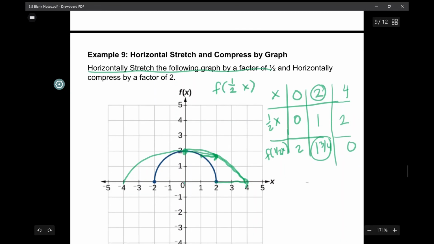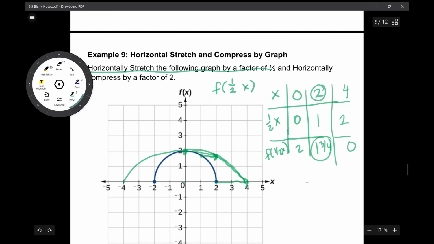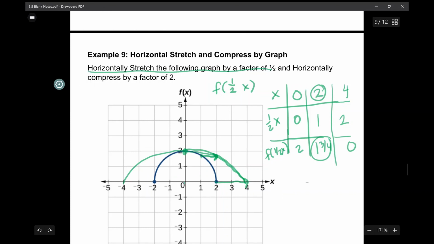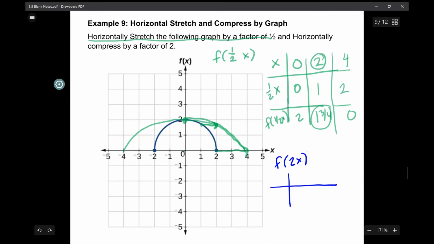Let's try horizontally compressing by a factor of 2. So let's get a different color and let's do f of 2x. Let's make the same little chart. x, twice x, and let's figure out what f of 2x would be equal to. So at x equal to 0, twice 0 is still 0, so it stays the same at 2.